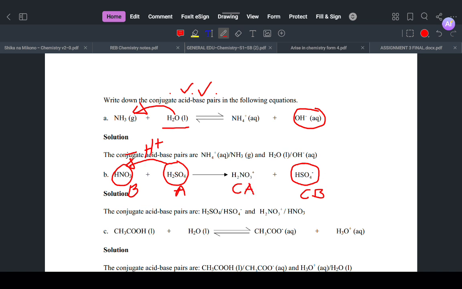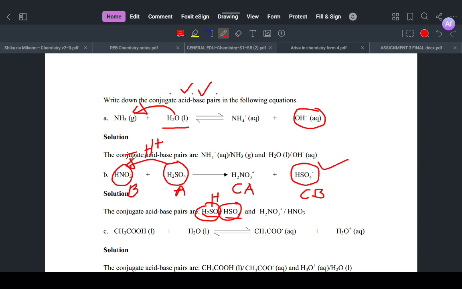All right, so when writing down this, therefore, you shall write this as acid-base pair, conjugate pair. So start with acid, and the conjugate base will come over there, stroke, H2SO4 stroke HSO4 minus. Notice that these differ only on the number of hydrogen atoms. So this has more hydrogen than this one here.